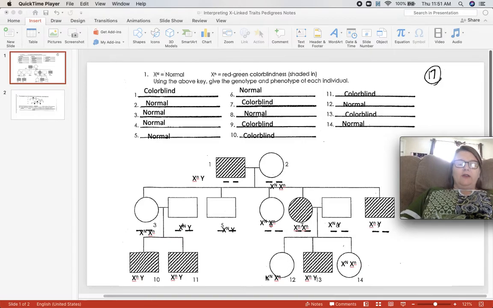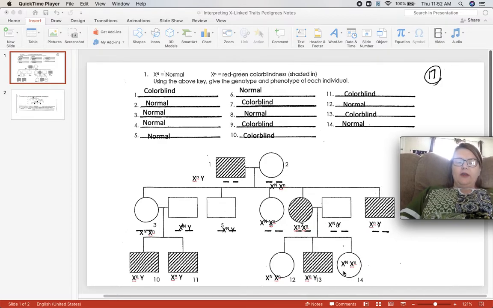She is unaffected, so I know she's X capital N, but she also has a mom that is affected and a brother, so that tells me that she's X lowercase n. This would be called a carrier. So she herself doesn't have the trait, but she can pass it on to offspring. He is easy, X lowercase n Y, because he only gets one X and he's affected.